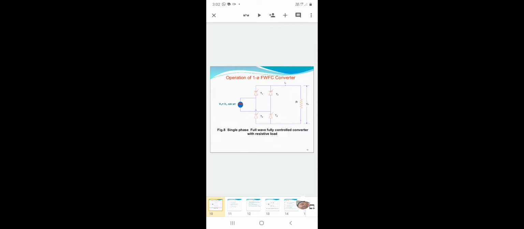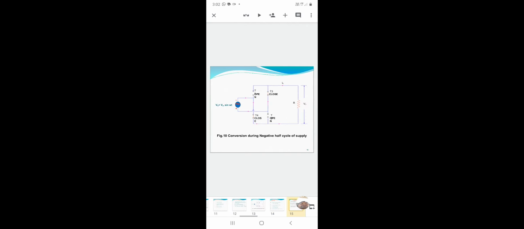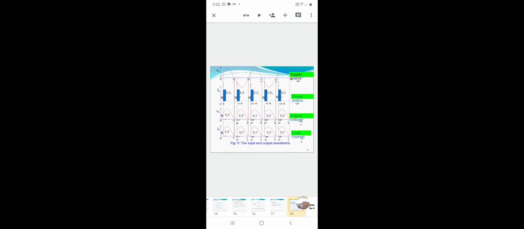Then the negative output is clipped to positive, so we obtain the output voltage on the positive side. During the positive half cycle the output is positive, and during the negative half cycle the output is also positive, because the output voltage is clipped.